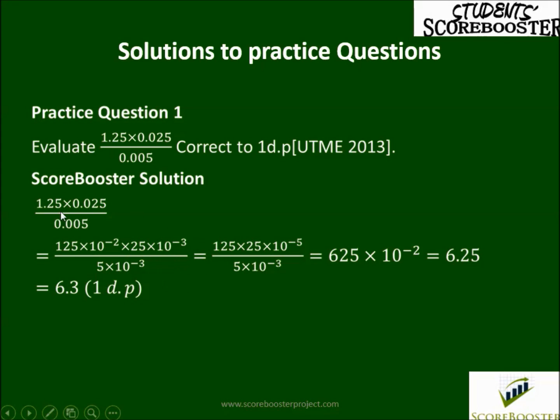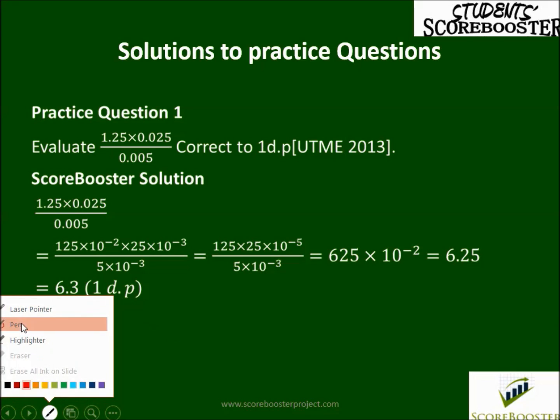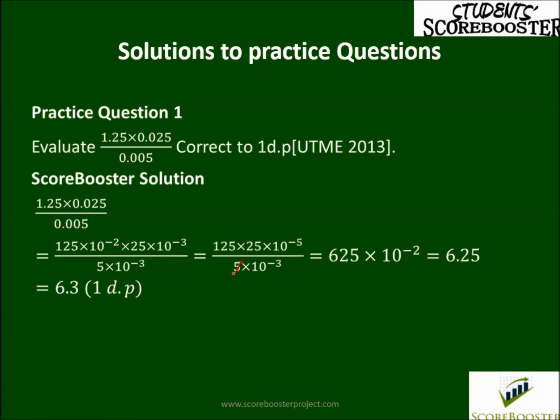Divided by 0.005, which is 5 times 10 raised to power minus 3. So we have 125 times 25 times 10 raised to power minus 5 divided by 5 times 10 raised to power minus 3. So now 5 divided by 5, you have 1, and 5 divided by 25, you have 5.